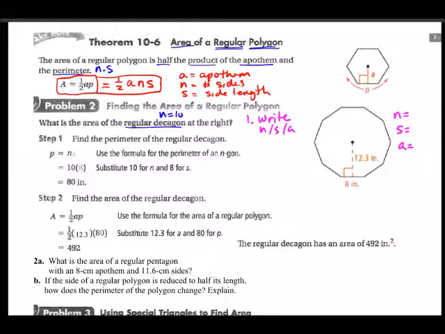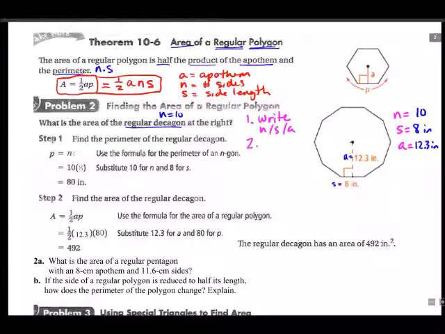And then fill in what we know. We know decagon, N is 10. And what else do we know? Here's our side length. So S equals 8 inches. And this is our apothem. Apothem goes from the center perpendicular to the side. So that's 12.3 inches.